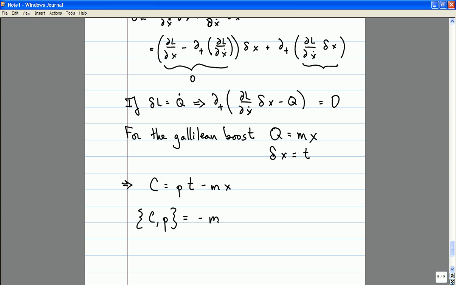Or, in terms of commutators, quantum commutators are equal to i h bar times classical Poisson brackets. You get i h bar times m. So, indeed, we see that for classical and quantum systems, there are these new terms that appear in the symmetry algebra when you study systems with Galilean symmetry.